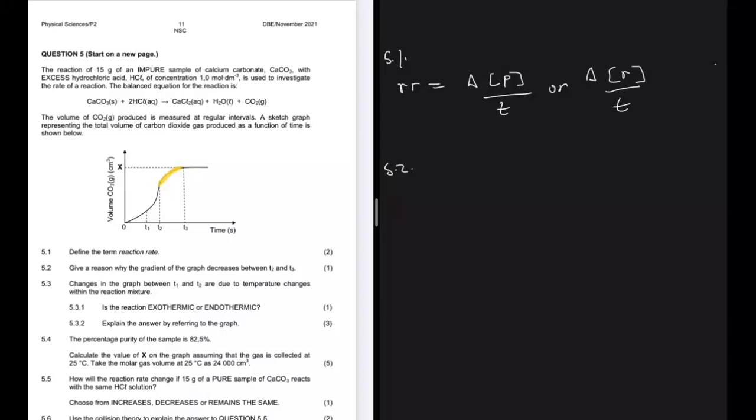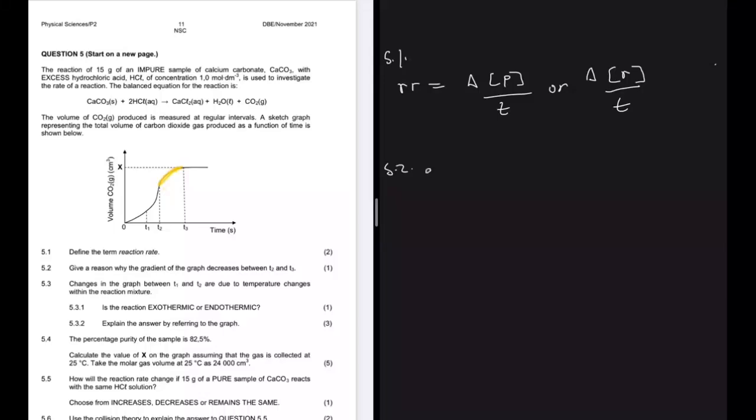Because now we are at T2 and we're going to T3, the amount of the reactants is getting depleted, right? So from T2 to T3, the gradient is decreasing because the amount of the reactants is getting depleted and the reaction rate is going down.